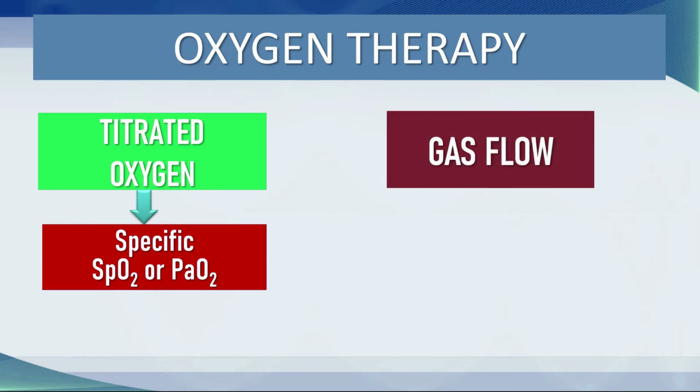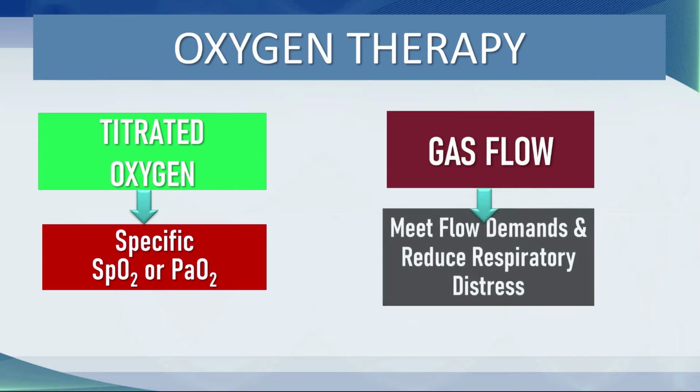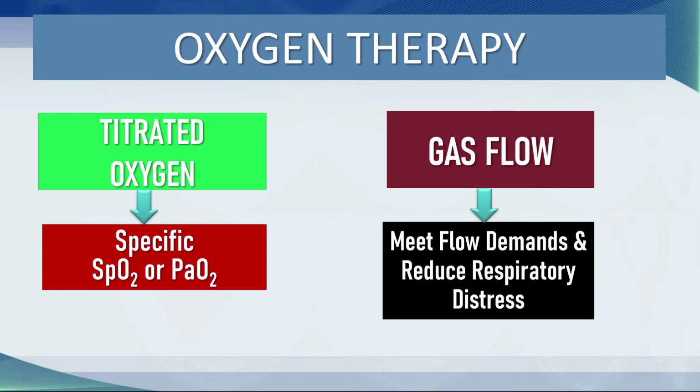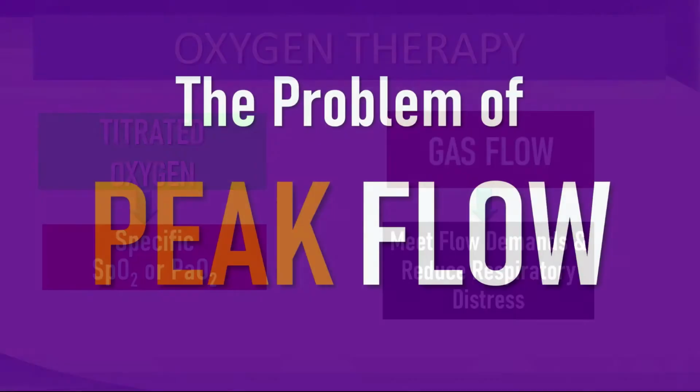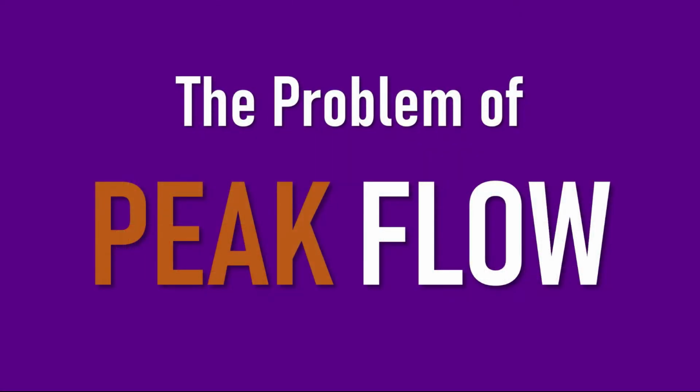This gas flow is typically adjusted to match patients' flow demands, particularly to ensure that they get the correct inspired oxygen tension and to reduce respiratory distress. And from the flow discussion, we need to talk about what defines the need for gas flow at a particular level. And this is the problem of peak flow.